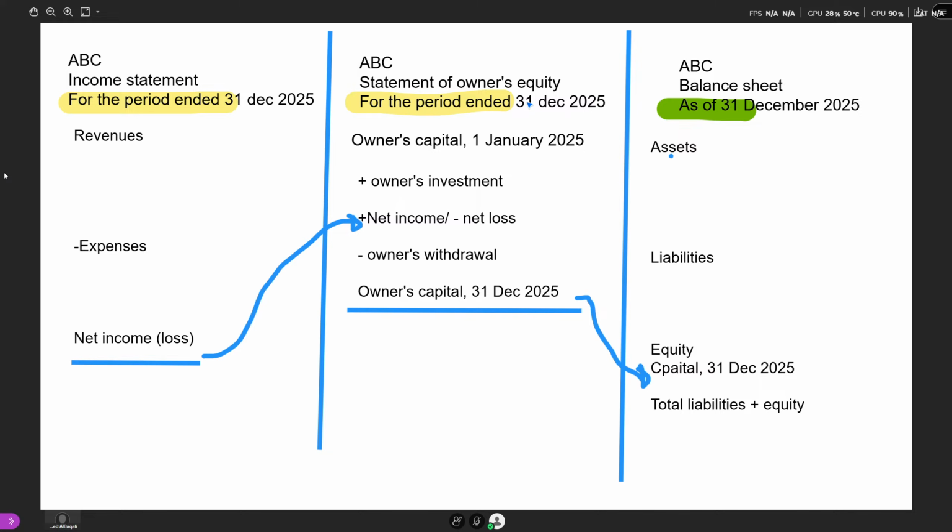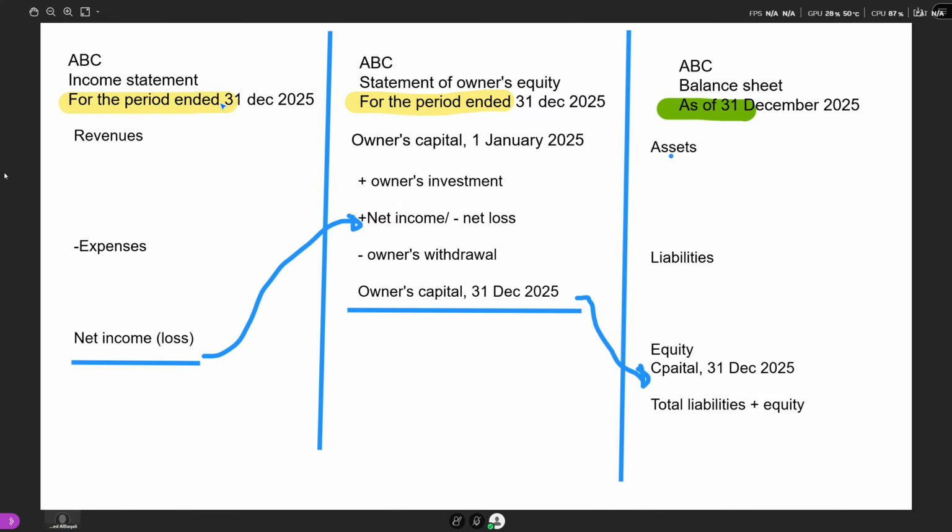For the period that ended, or for the year that ended 31st of December 2025, it means that these things happened in 2025: owner investment, net income, and owner withdrawals. As of means up to 31st of December, these are my assets, these are my liabilities, and this is my capital. Do you get this point first of all?